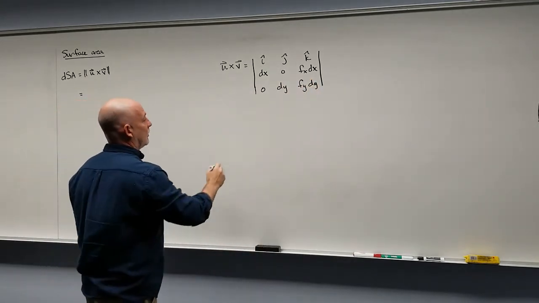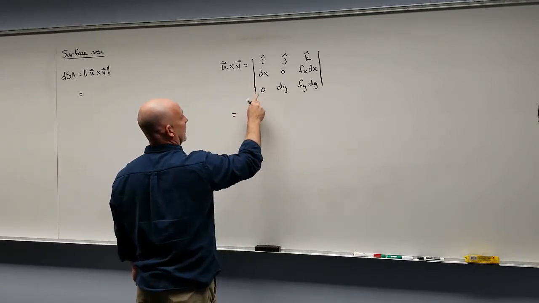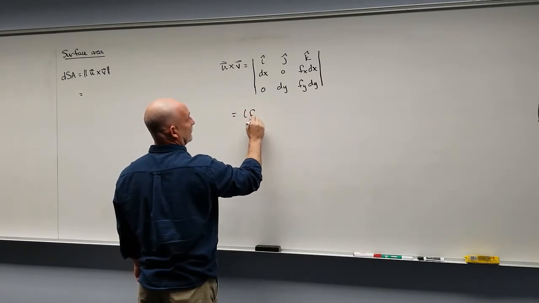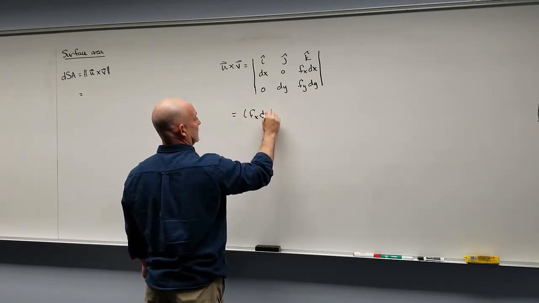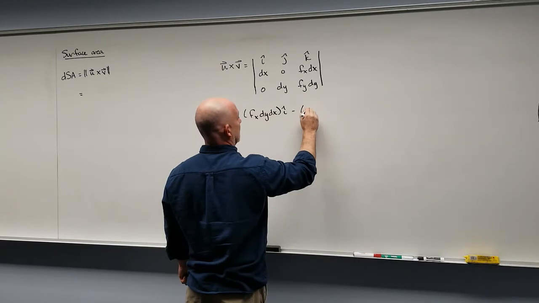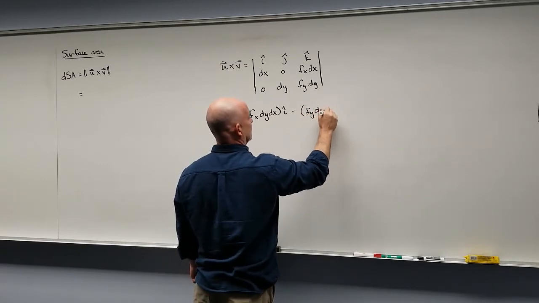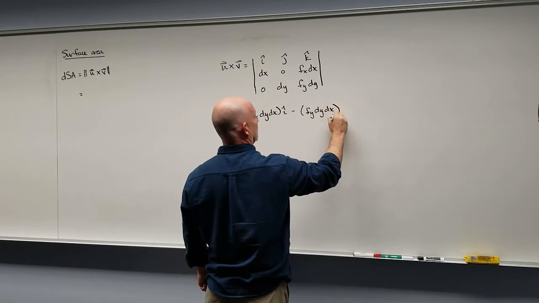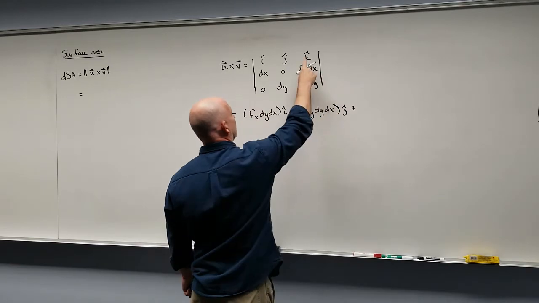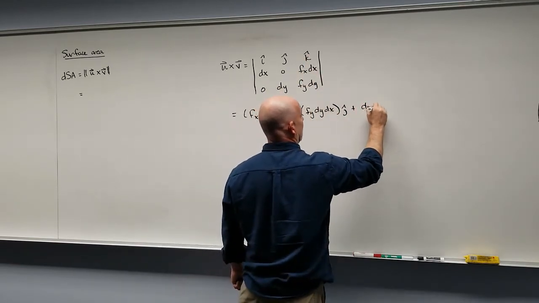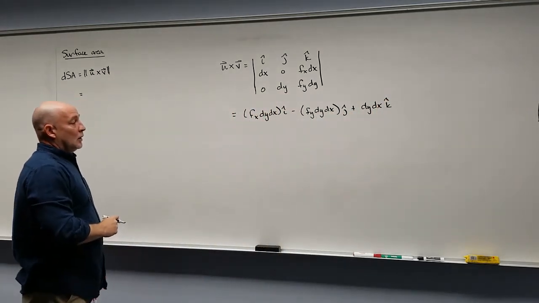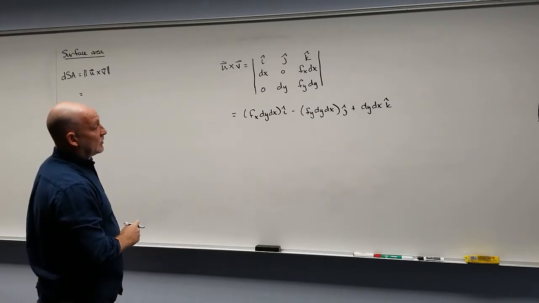Okay, so if we do the cross product here, in the i direction, that's going to be negative f sub x dy dx, minus in the j direction, that's going to be f sub y dy dx, and in the k direction, that's just going to be dy dx. Now, of course, it could be dx dy, I don't care. All right, so there is our cross product.